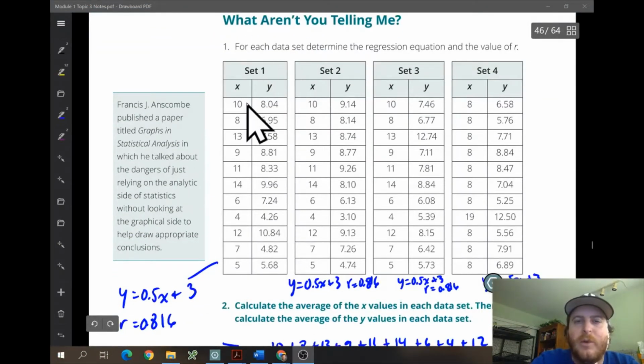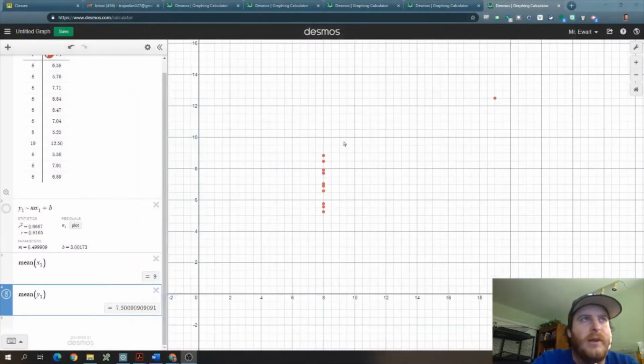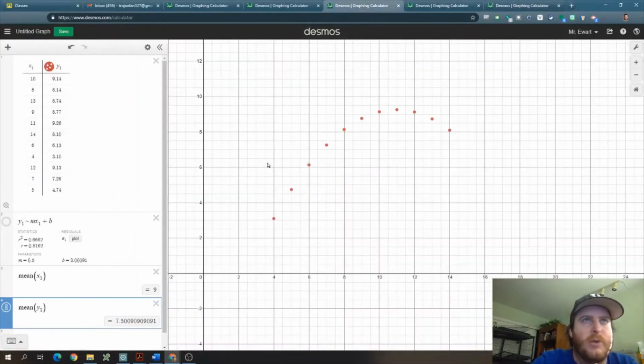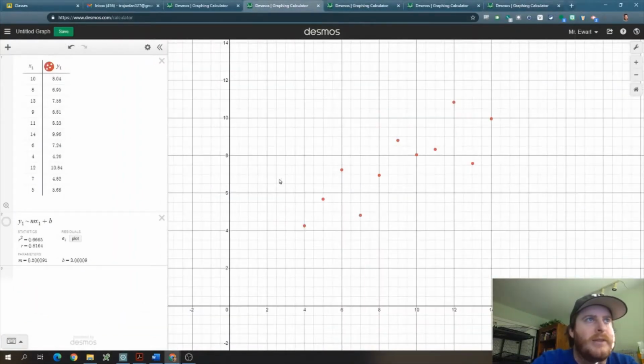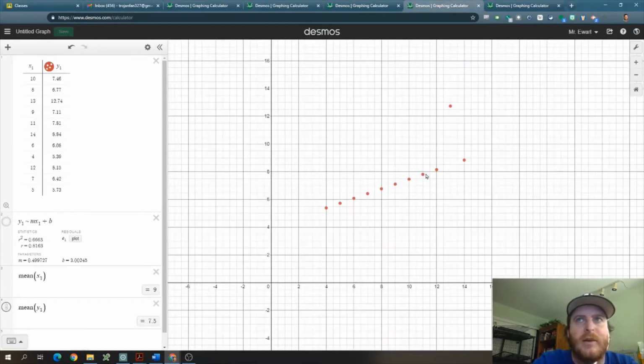And so when we look at the graphs, though, they're definitely not the same graphs, right? Those were very, very different graphs. This one is so much different than this one, which is more of a curve. And this one looks almost linear, but more just in a pattern. And this one looks very linear, except for that one point that's just a little bit higher. So they're all different shapes, right?